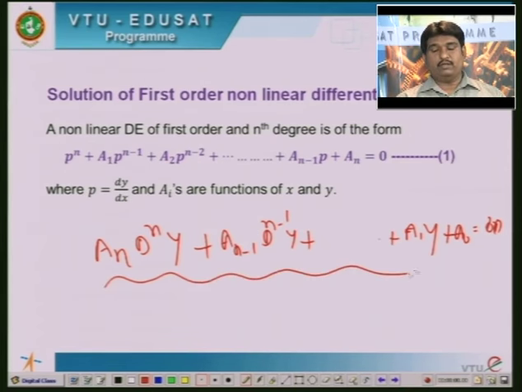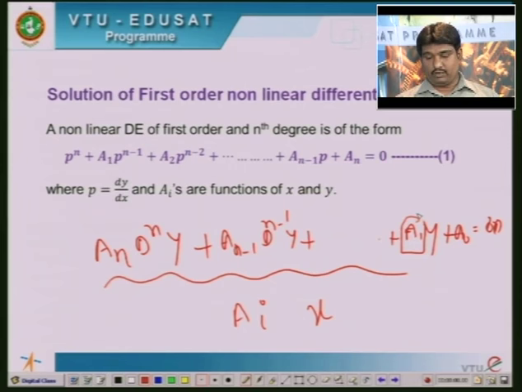This will be linear provided the ai's are all constants, or functions of x alone, only x. If any one ai is a function of y, then you will be having y into derivative term, a product of y into derivative or y into y square, which makes this equation non-linear.